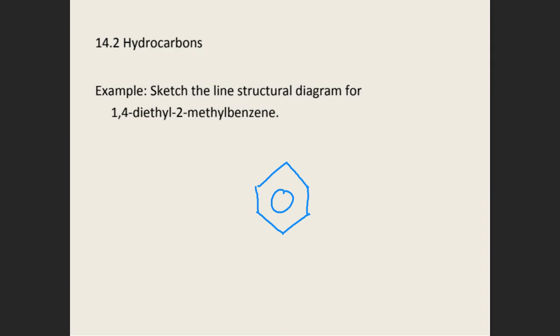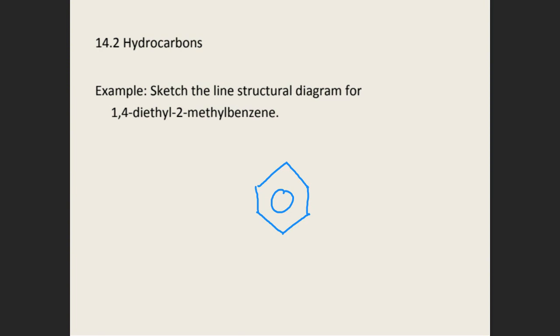Diethyl. There's a couple of ways to do this. We almost always draw a line structural diagram for the benzene. It's just too hard to draw all those carbons and hydrogens. But I can put that first ethyl anywhere I want. I can just draw one of those, right? Now that's 1. Now we want to go clockwise or counterclockwise?